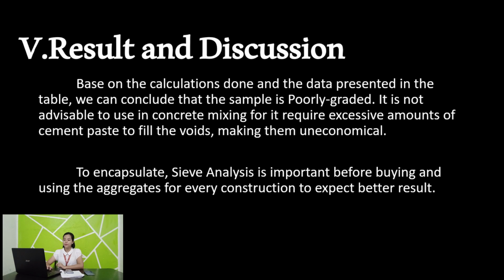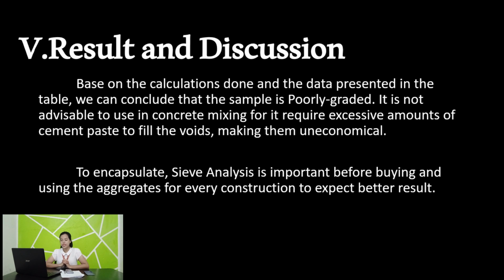Next, let us go to the results and discussion. To sum up the sample problem, based on the calculation done and the data presented in the table, we can conclude that the sample is poorly graded or uniformly graded.